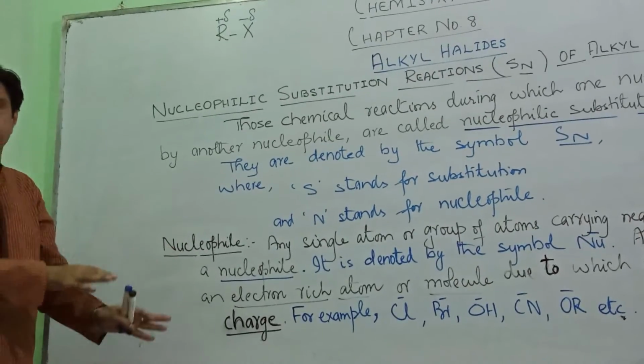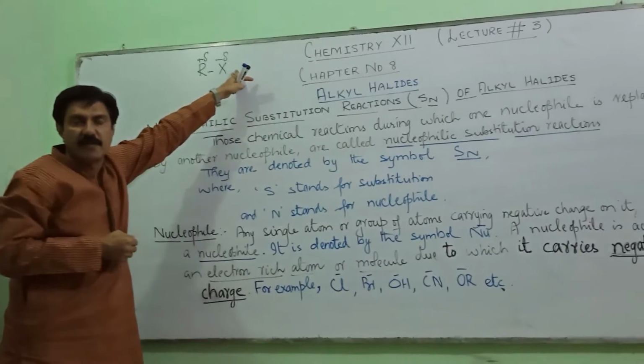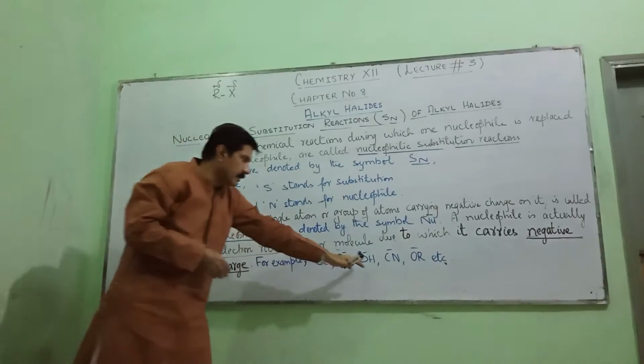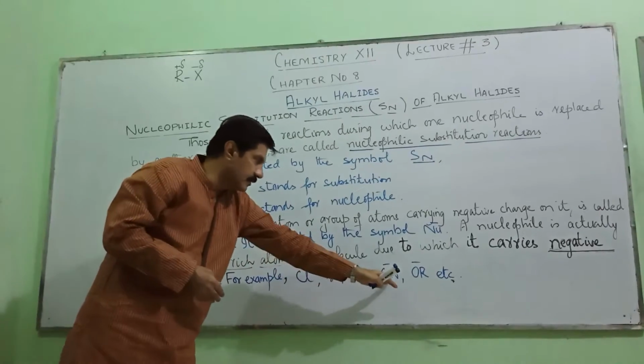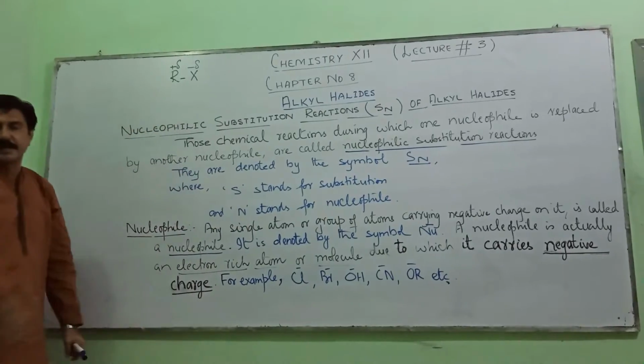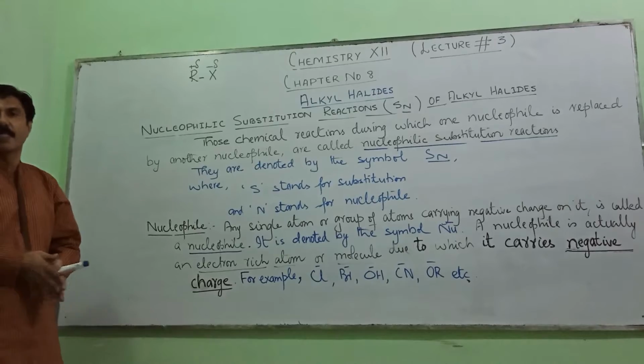Such reactions, in which we replace the halogen atom as a leaving nucleophile from the alkyl halide molecule and in place of that introduce any other nucleophile like hydroxide ion, cyanide ion, or alkoxy ion, and form a new product, are called nucleophilic substitution reactions.